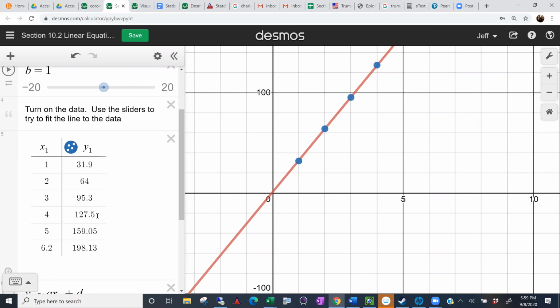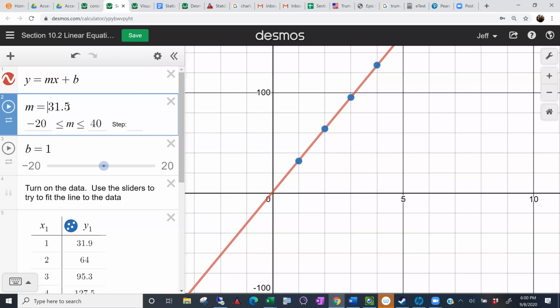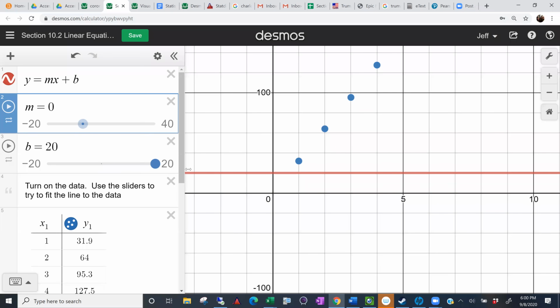Now, what's wrong with a horizontal line? Well, a horizontal line is basically saying, you know what? No matter what value of x you give me, the value of y that I'm going to give you is still going to be the same. It's just going to be flat. So going back to making the slope 0, and we'll push this up to 20.